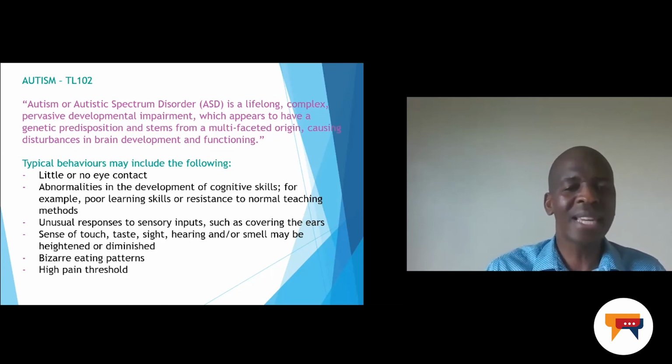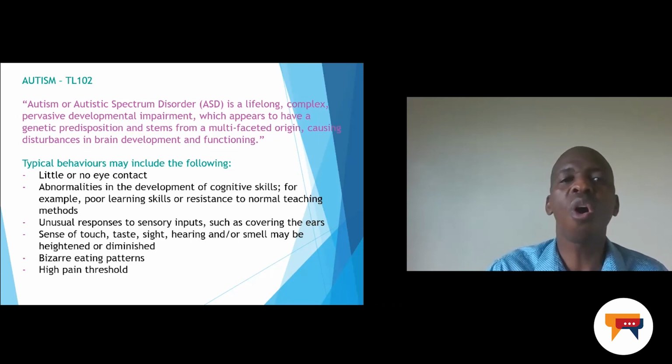They've got these bizarre eating patterns that maybe when you're watching, it's not so nice to watch. They've got a high pain threshold. Those are typical behaviors through which you can see that the child may be having autism.